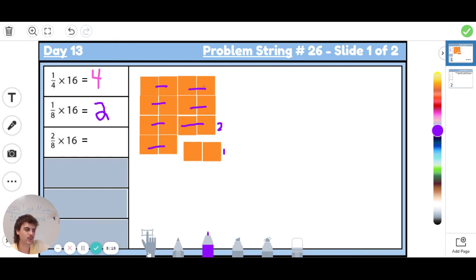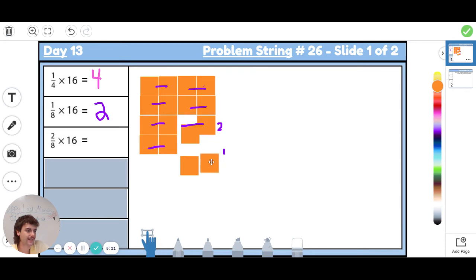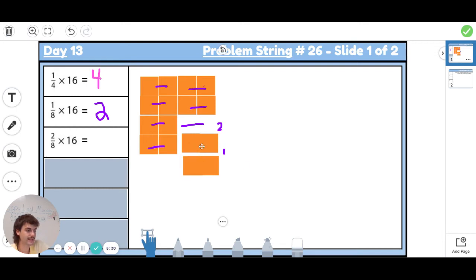These are the 8 different groups. Well, if we just add these two to this group, we can see that these are 2 squares and these are 2 squares. That equals 4 of the squares. So 2/8 times 16 equals 4.